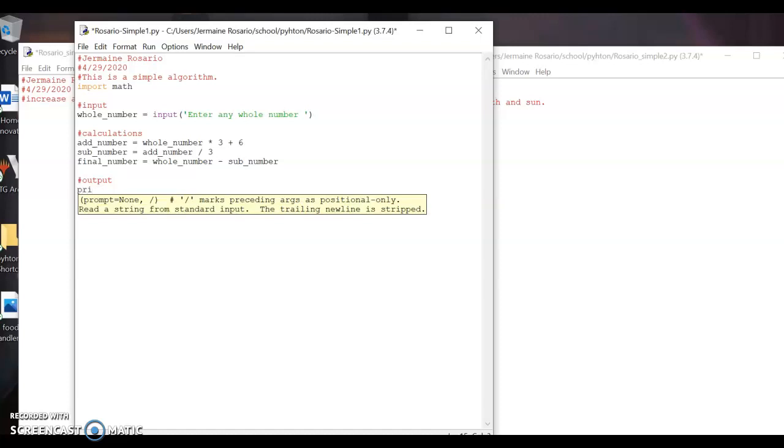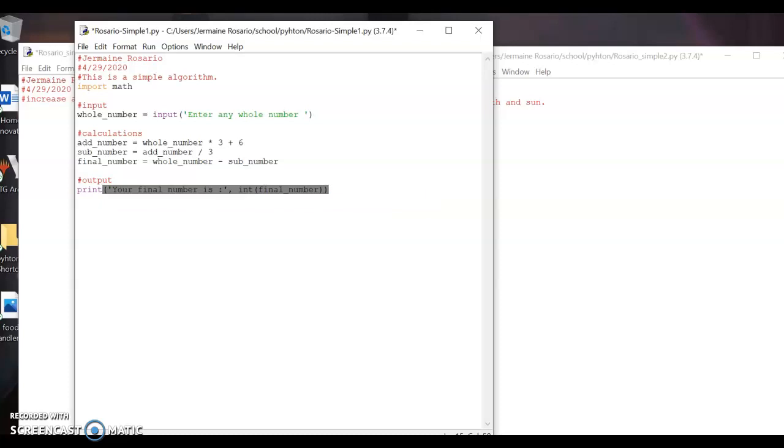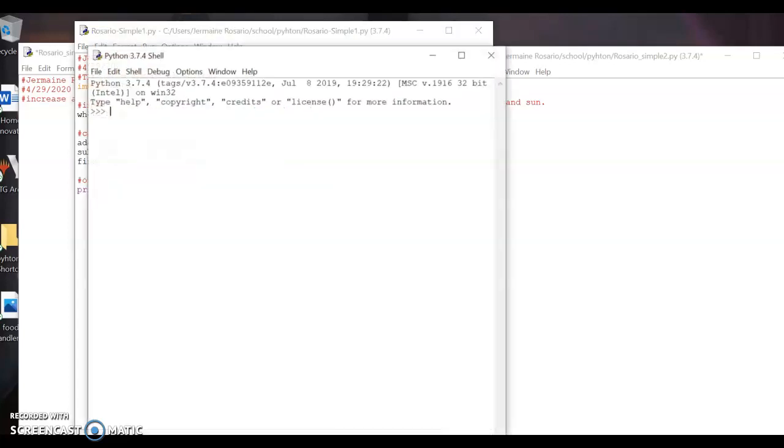So we go print, so your final number is, and then to make sure it's an integer, int, final number, close parentheses. Now we save it and run it.